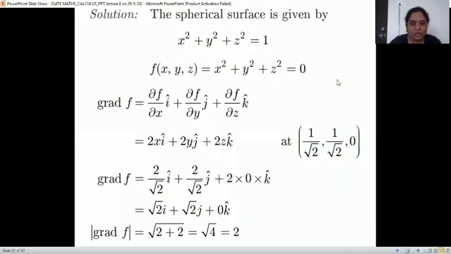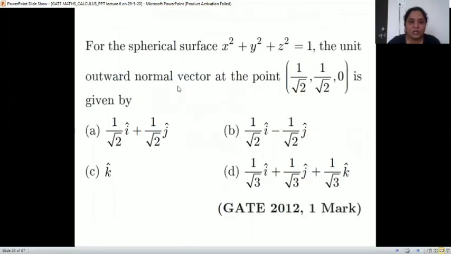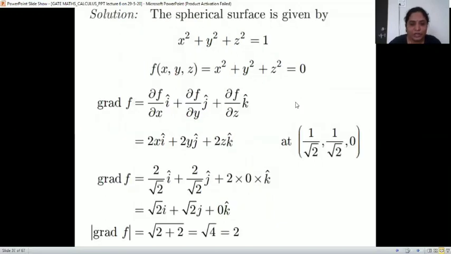Getting? So we have found del f and it is asked at this point. So we are substituting 1 by root 2, 1 by root 2, 0 in the place of x, y, z. So we get this, and then the unit outward normal vector. What we get is grad f, del f.